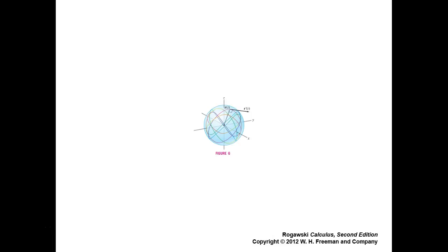As long as the constraint is that the object has to stay at a constant radius, then the velocity of the motion is going to be perpendicular to that. So, prove that if r of t has a constant length, then r of t is orthogonal to r prime of t.